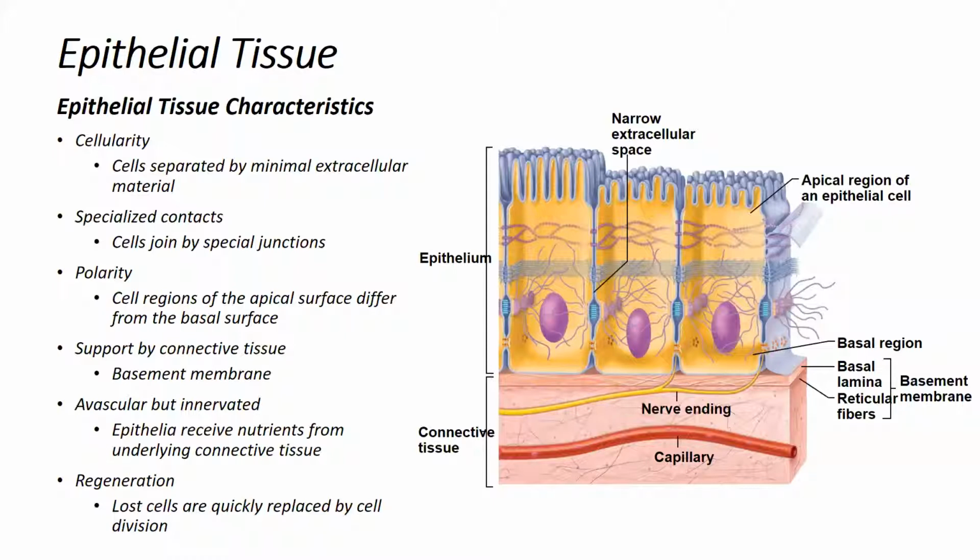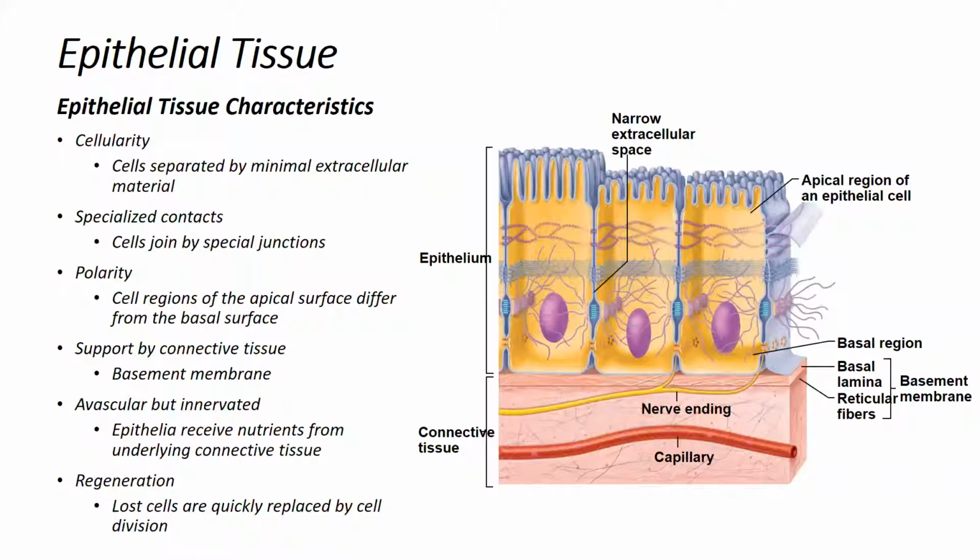They have to get their oxygen and nutrients diffused from the underlying capillaries. So the blood vessels that are in the connective tissue will diffuse oxygen and nutrients from the blood into that epithelial layer because these blood vessels do not actually go into the epithelial tissue.